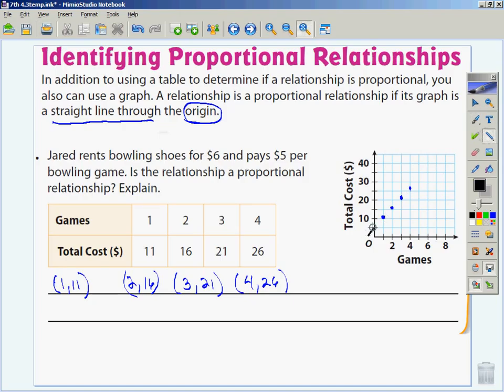And now I'm going to draw a straight line through them. Is this proportional? Yes or no? No. When it says explain, can you tell me why it's not proportional? It doesn't go through the origin.